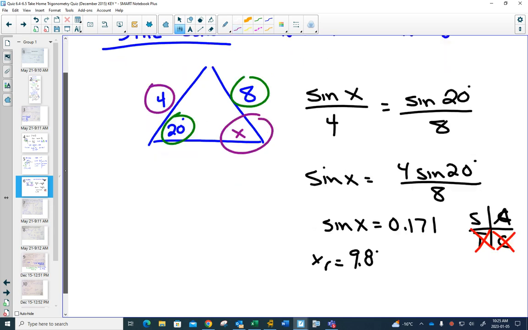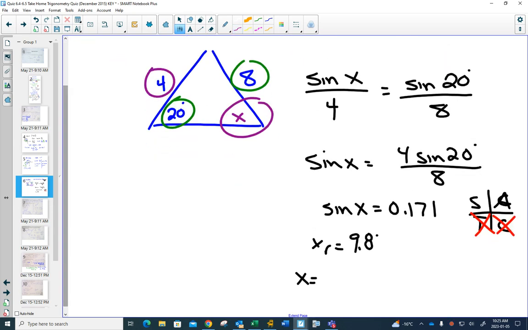Which means in quadrant 1, it would be 9.8 degrees. In quadrant 2, it would be 180 minus 9.8, which would be 171.2 degrees.